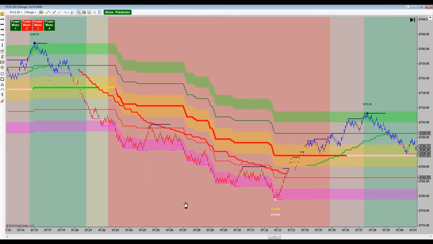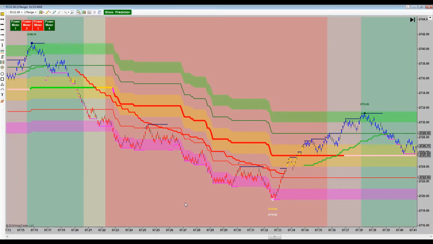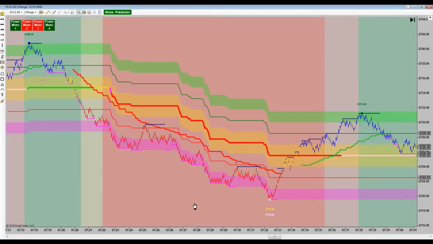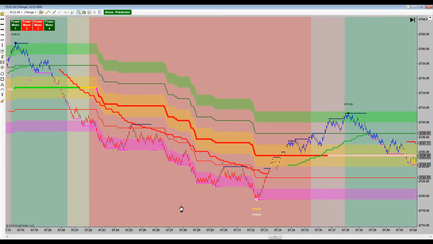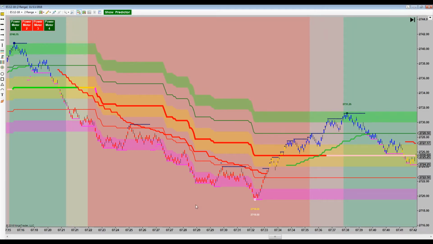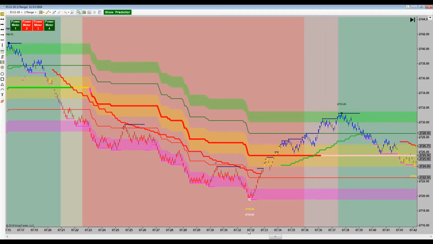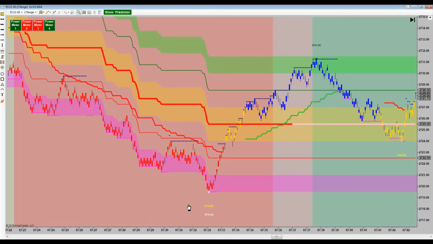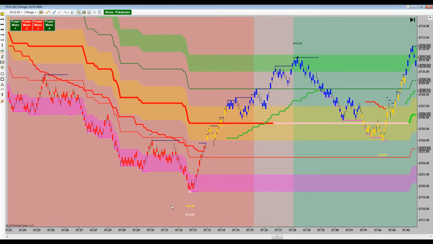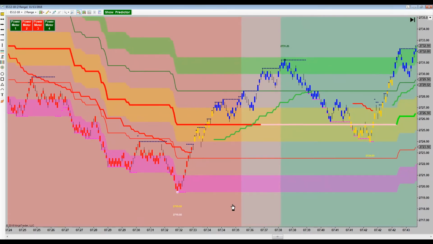Here we go, advancing the chart. There's 7:40, there's 7:41. Okay, there's 7:42. The bar is even bigger if you want, so you can see them a little better. Okay, now we're at 7:42, 7:43.